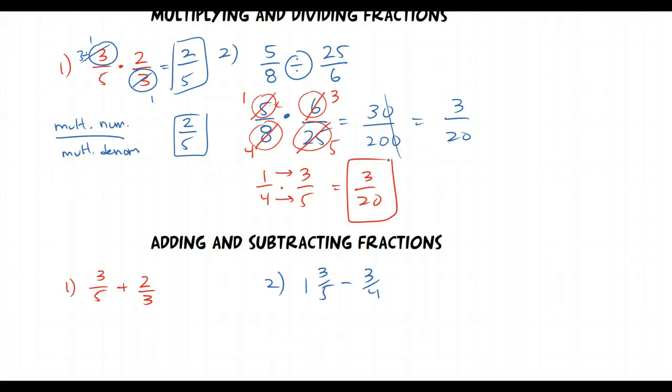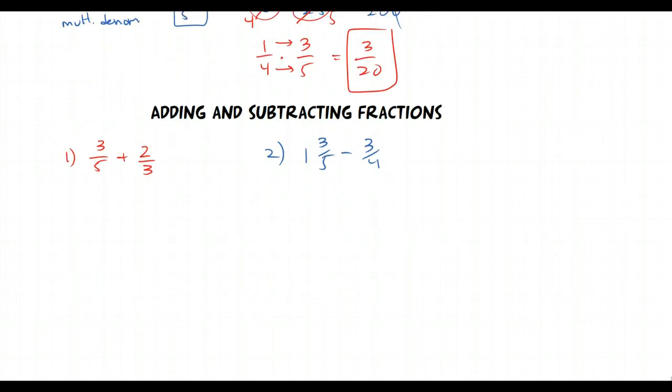Okay? Right now, when you add and subtract fractions, now you must have a common denominator. You cannot add and subtract fractions without having a common denominator. So in this case, really important to remember this. You don't need it for multiplying and dividing, which is why they're easier, but for adding and subtracting fractions, you must have a common denominator.